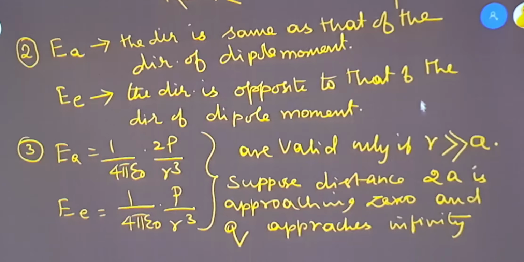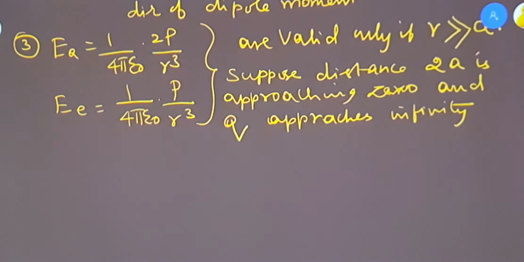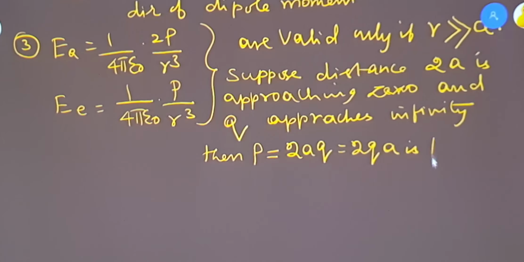If the distance is approaching 0 and the charge is going on increasing, then the dipole moment p is equal to 2a into q, or 2qa, which is considered to be a finite value.